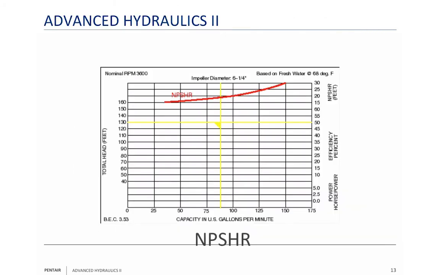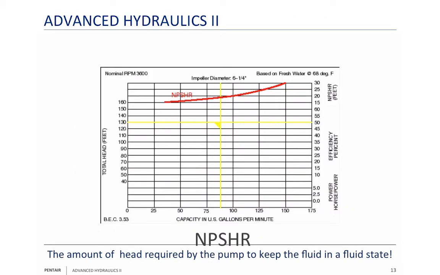Now, NPSHR. It stands for net positive suction head, and remember, it's the amount of head required to keep the fluid in a fluid state. It's read over here in feet of head. All right? Now, at 87 gallons a minute, we cross the NPSHR line right there, which puts us at about 18 feet.